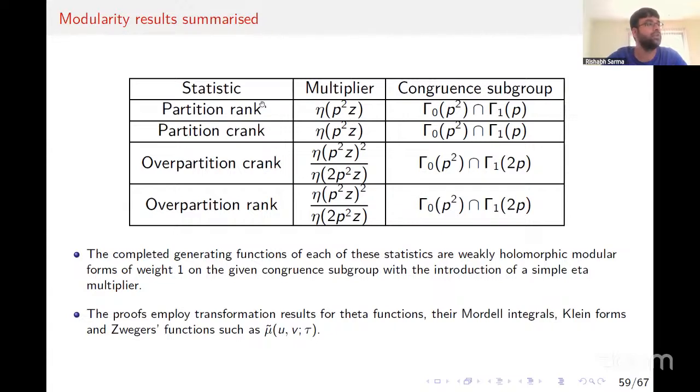Those two are weakly holomorphic under the following congruence subgroup. And similarly, we have to attach the following multiplier to the overpartition rank and crank to render them weakly holomorphic modular forms of weight 1 on this nice and large congruence subgroup. And their proofs, to summarize, employ transformation results for theta functions, Mordell integrals, Klein forms, and Zwegers' functions like mu tilde.